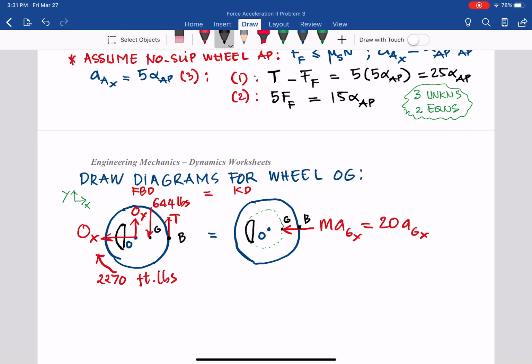And then we also have it going up and down, so we have MAGY at that instant, and that equals 20 AGY.